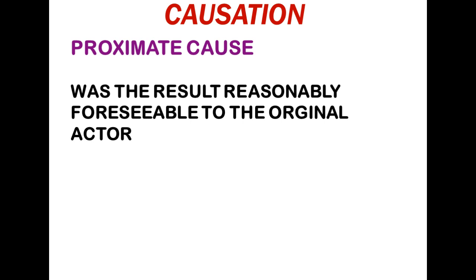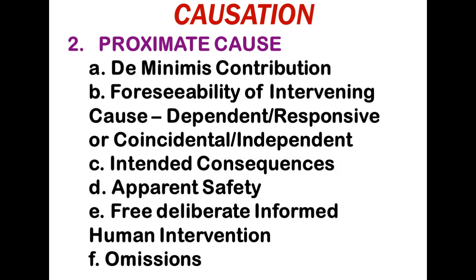Well, you're going to find when you start working with this that this is not going to be a very helpful explanation. Some things to one person are reasonably foreseeable and not to another. As a result of this, when you read in Dressler, Dressler is going to have essentially 6 factors where he has grouped proximate cause analysis into these various factors.